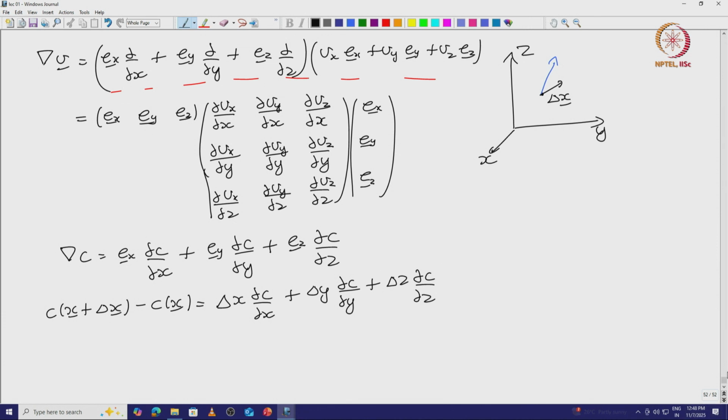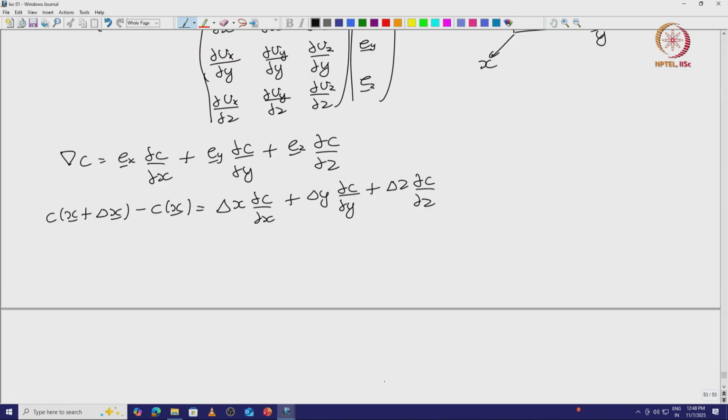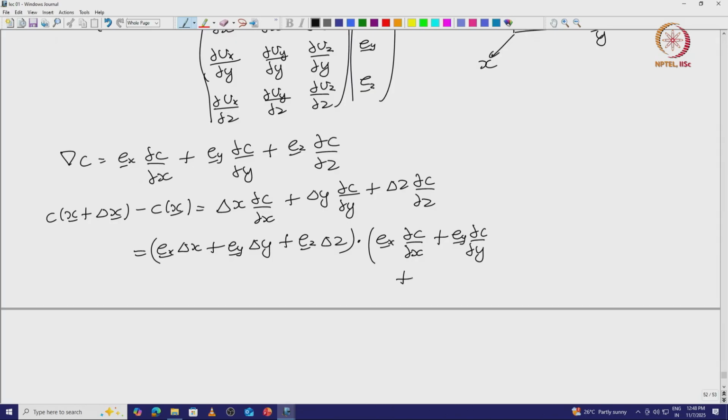If you go a small distance delta x vector with components delta x, delta y, delta z, I can also write this quite easily as Ex delta x plus Ey delta y plus Ez delta z dotted with Ex partial C by partial x plus Ey partial C by partial y plus Ez partial C by partial z.